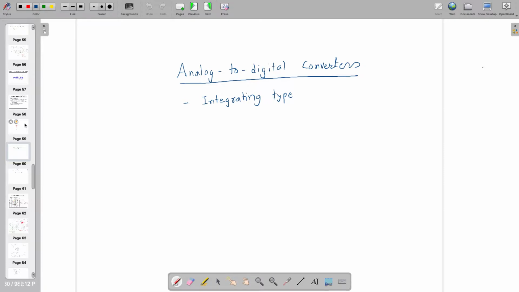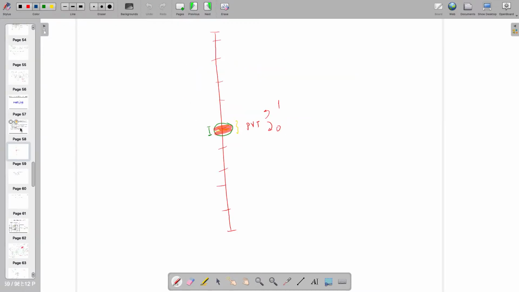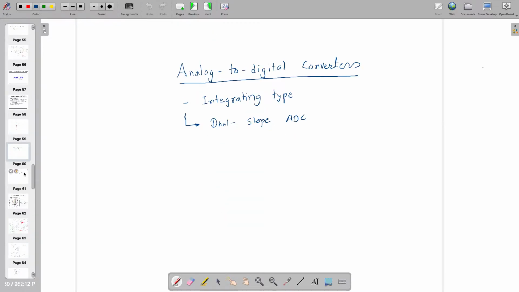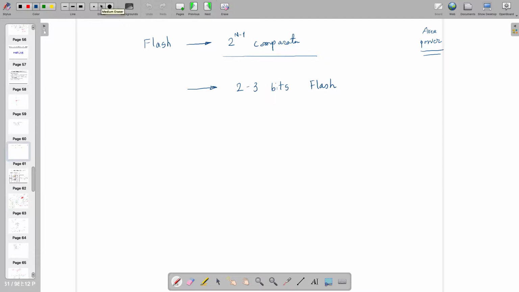However, there is another class of ADC which is integrating type, like dual slope ADC. Here, do you find any problem? This particular class of ADC, flash ADC, is coming under very high speed, right?